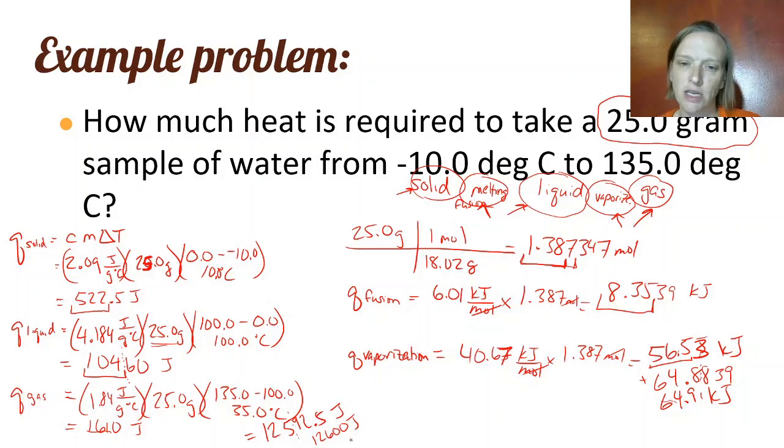I'm going to convert this to kilojoules so that I can add it together with my other value that I have here. I'm going to convert this to 12.6 kilojoules.